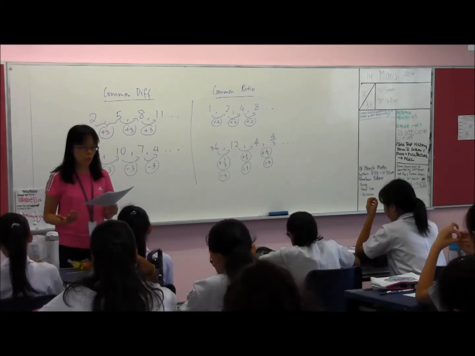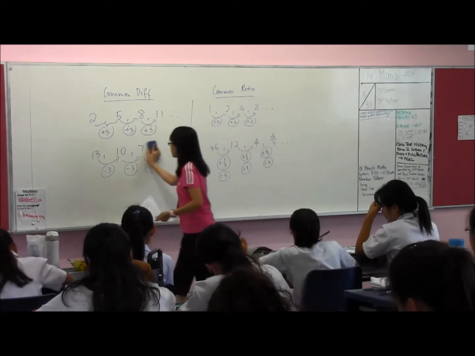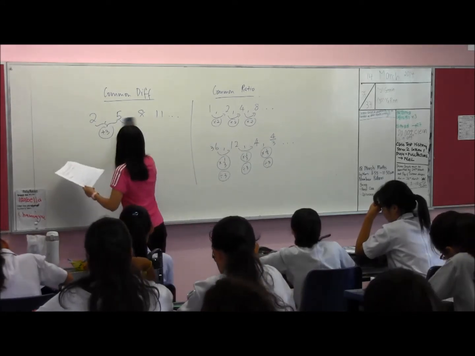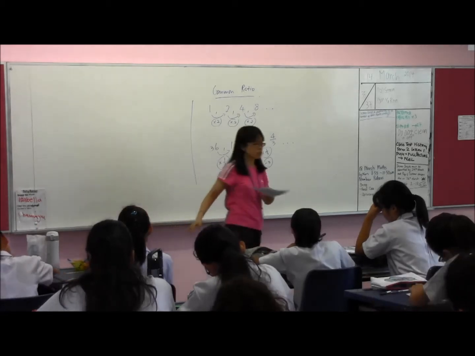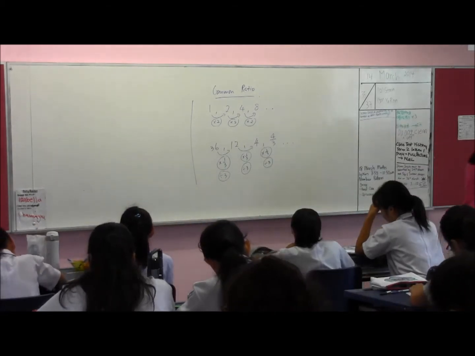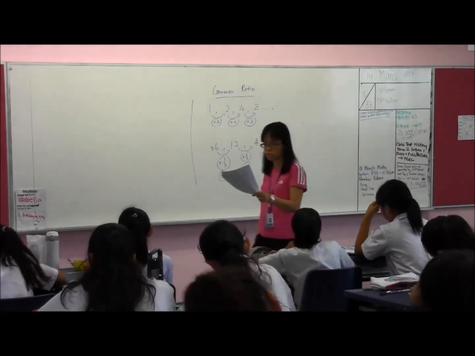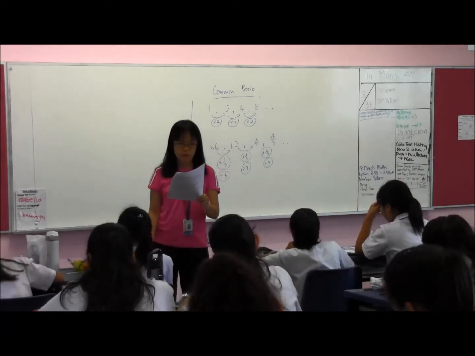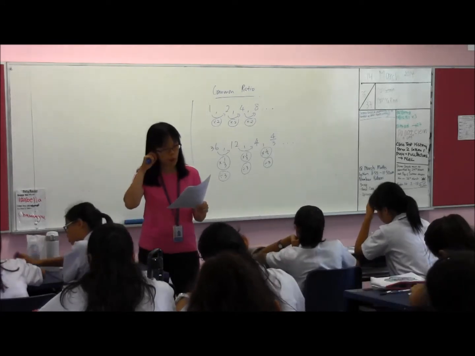The first one is square numbers. You fill up the blank boxes. So you can see when n is 1, T1 is 1.